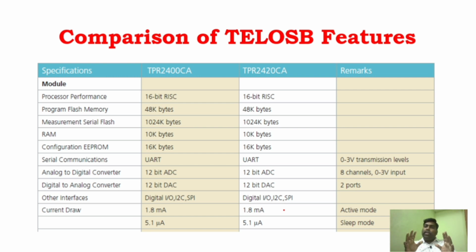The only difference between the two versions is the sensor suite. Apart from it, everything is the same. You can see the comparison between two TelosB versions. This is the basic version, and this is the advanced version where you have the sensor suite in it. You can see the processor performance, flash memory, serial flash, configurable EEPROM, serial communication, analog to digital converter, digital to analog converter. Everything will have the same configurations, right?